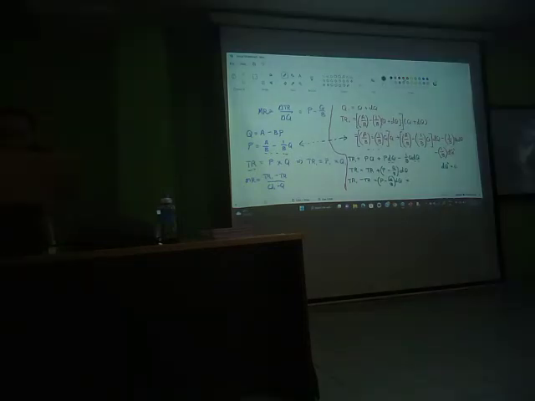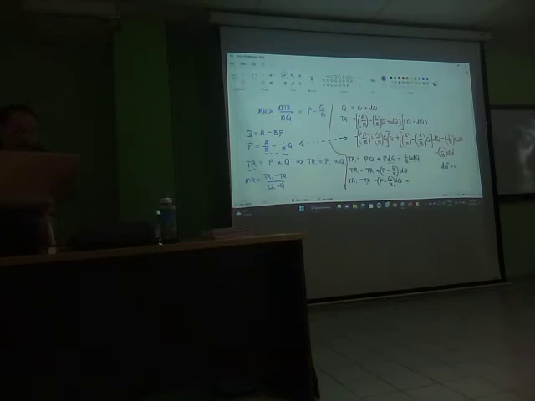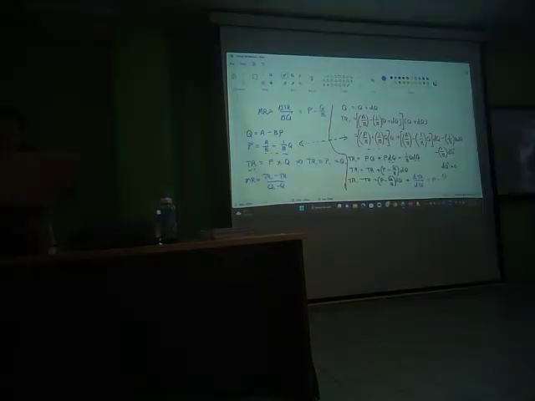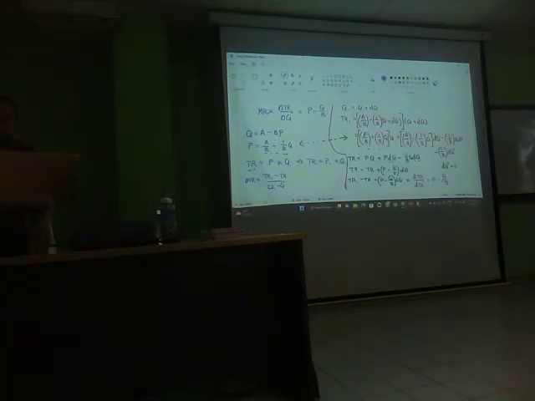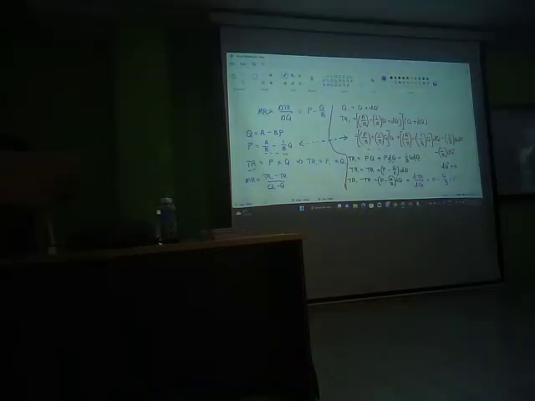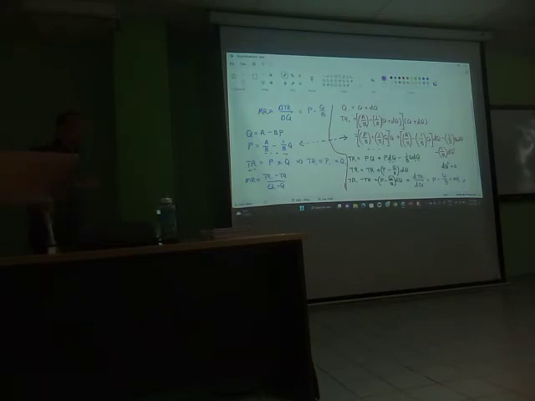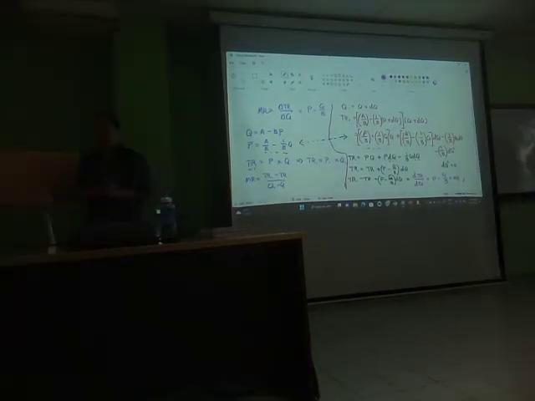From here, TR1 minus TR, this is change in total revenue, correct? So I just write here change in TR divided by DQ, which equals P minus Q over b. This is equal to marginal revenue, right? So this is how I obtain P minus Q over b equals marginal revenue.